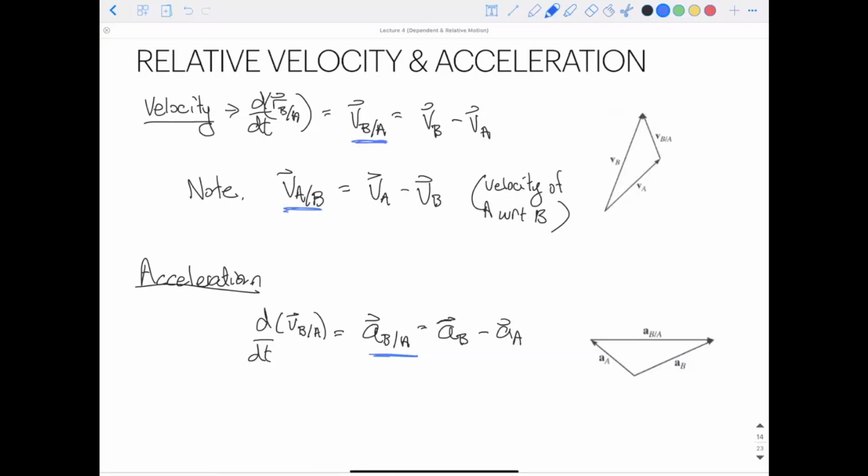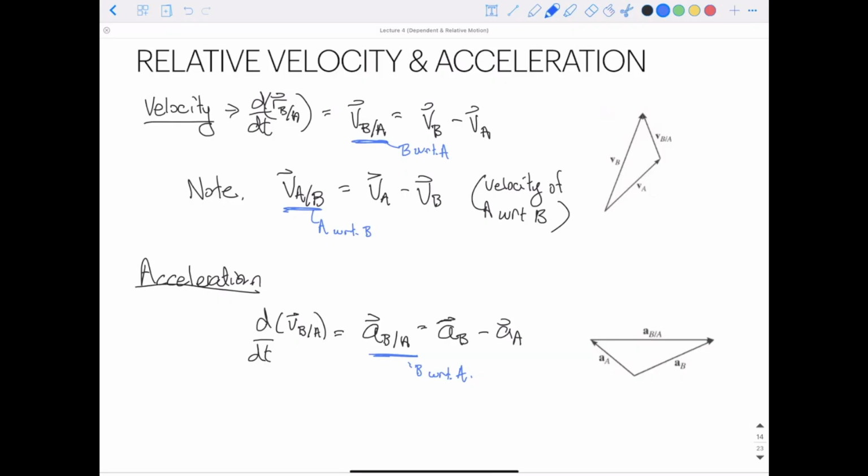So the top one over here is B with respect to A. This is A with respect to B. And this is B again with respect to A. The relative velocity just means if I'm traveling in a car and see my buddy over there also driving in a car at a different velocity, maybe a different direction, how fast does it look like they're going as viewed by me, because I'm also moving?